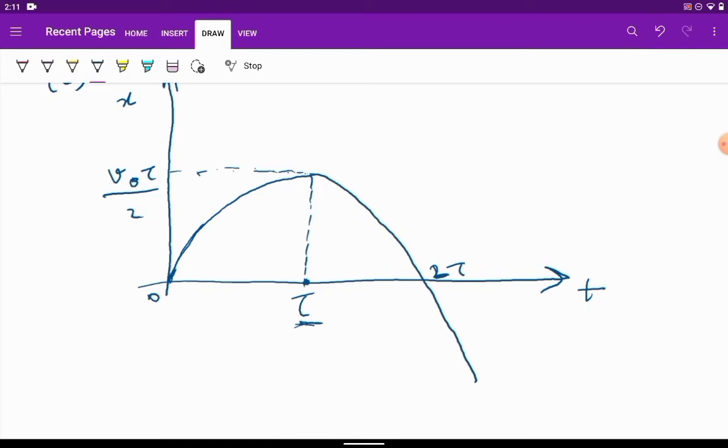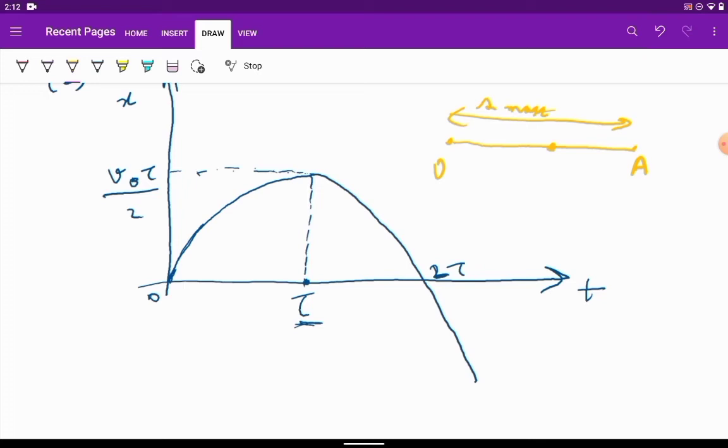So O, this is S max, which we have found out just now is v naught tau by 2. At t less than tau, the particle is somewhere between O and, let's say, A. So there the distance is equal to the displacement.